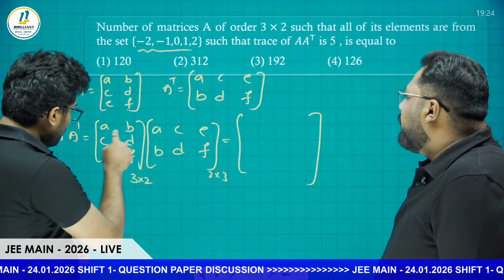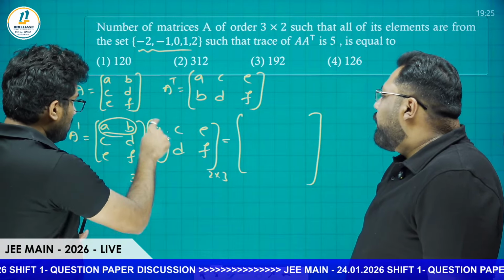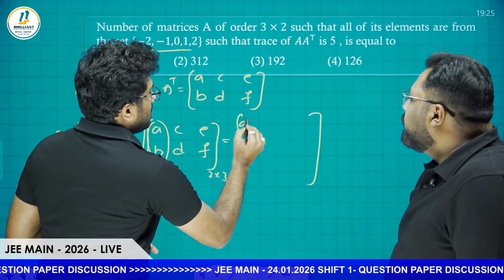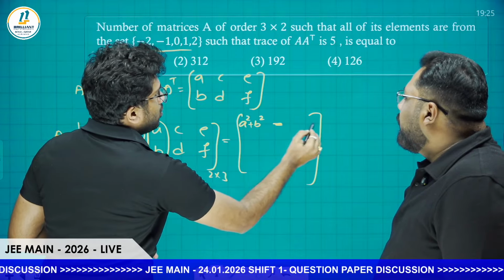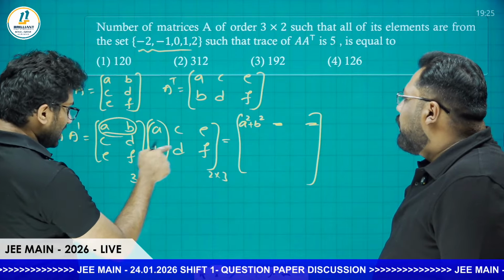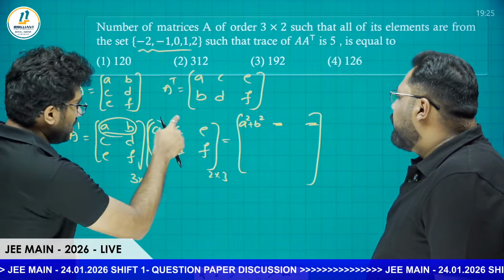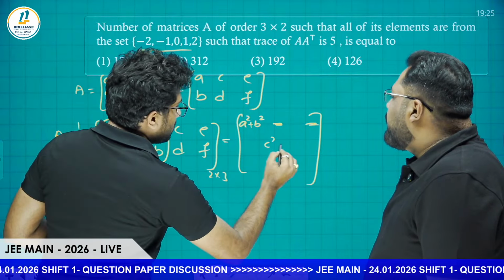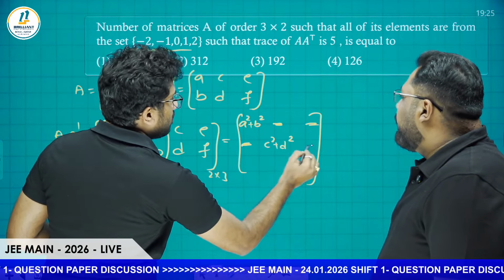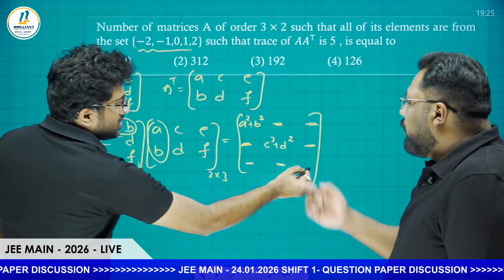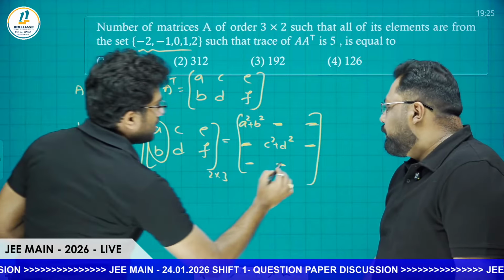The first diagonal element will be A squared plus B squared. Forget about the rest. The second element is the second row multiplied with the second column, so you get C squared plus D squared. And the third diagonal element is E squared plus F squared.